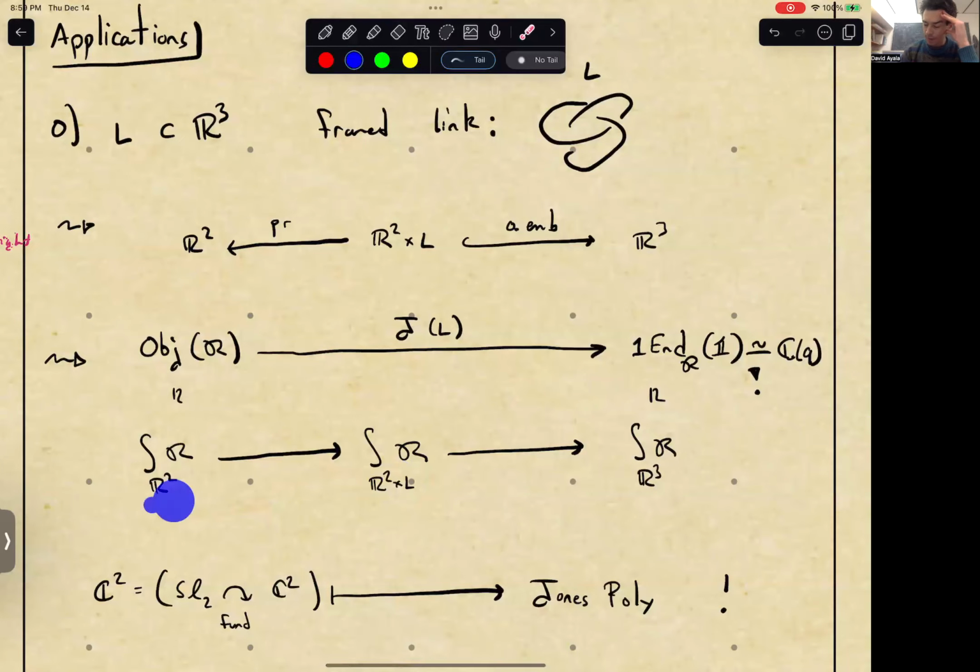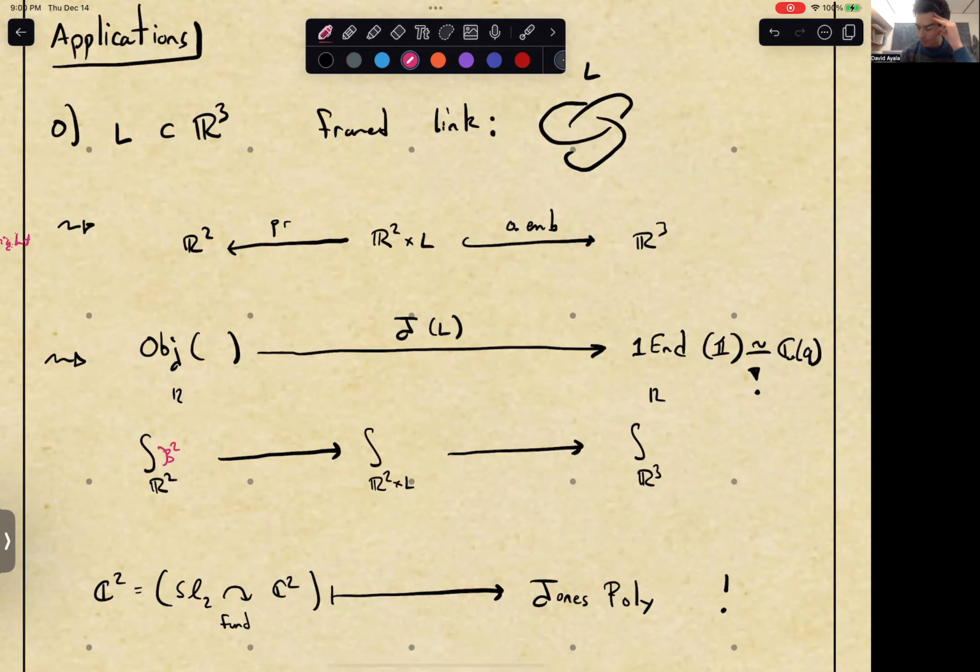The value on R2, and gosh, I just saw I'm kind of messing up, this was for rep B2 of rep QG, finite dimensional.